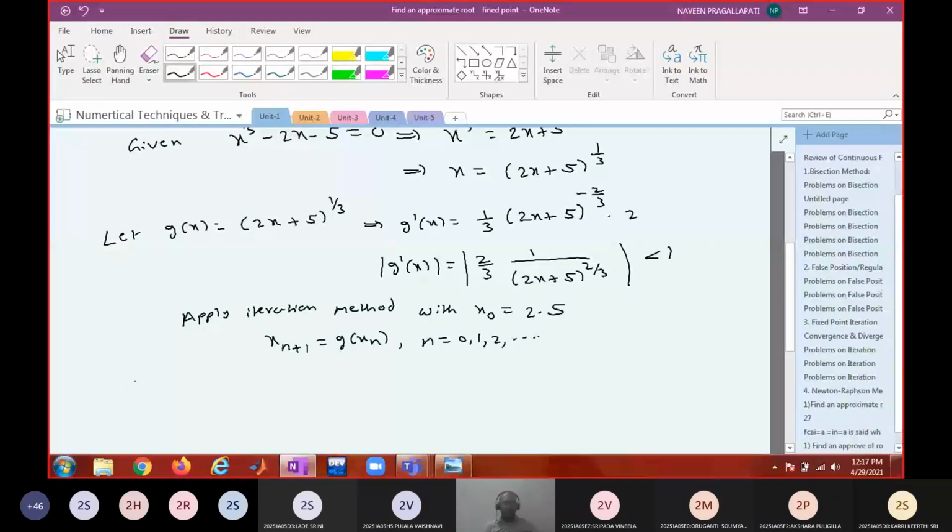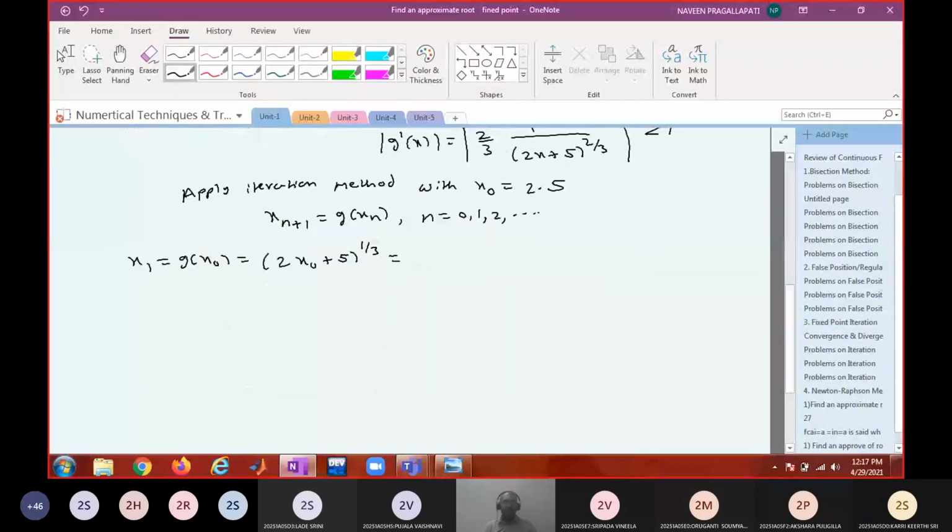So x1 is g of x naught. g of x naught means 2x naught plus 5 whole power 1 by 3. x naught means 2.5. Like that you please find out x1, x2, x3 and so on.